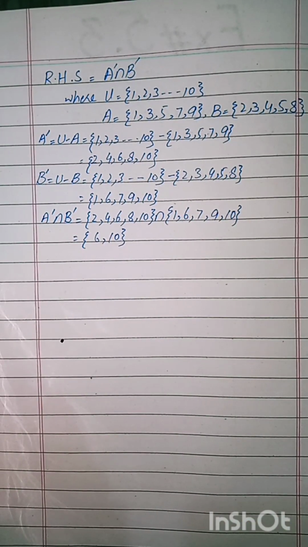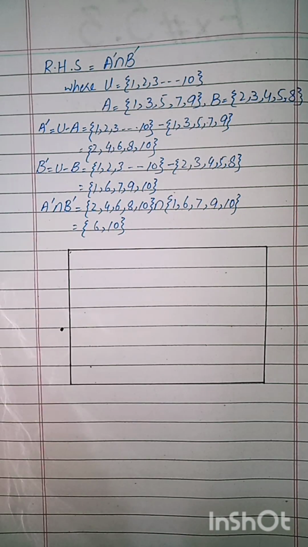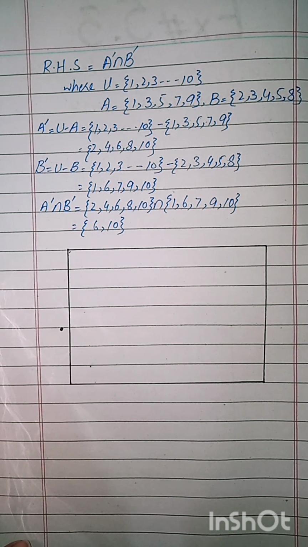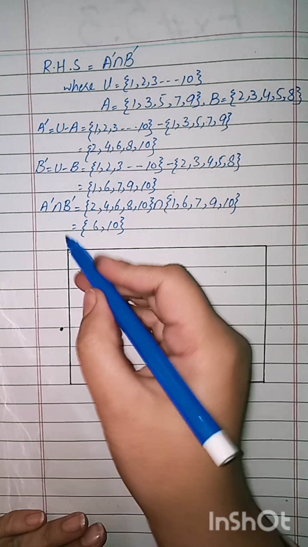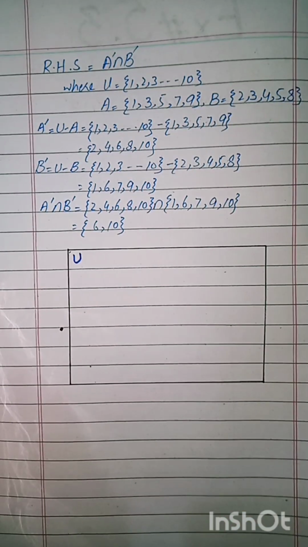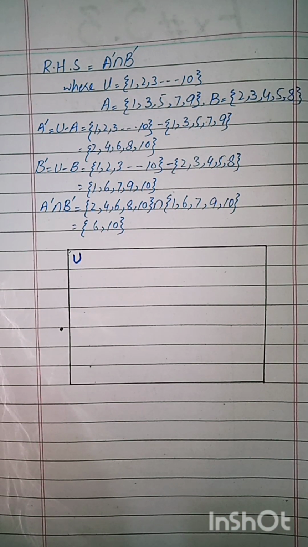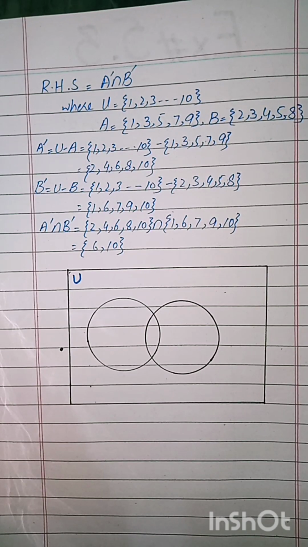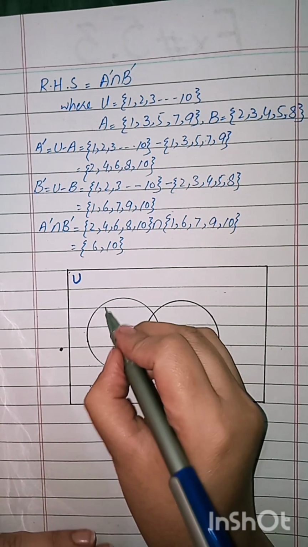Now we have to draw. So this is our Venn diagram, the rectangle which represents the universal set U. Now we have to draw the subsets. So these are two subsets.